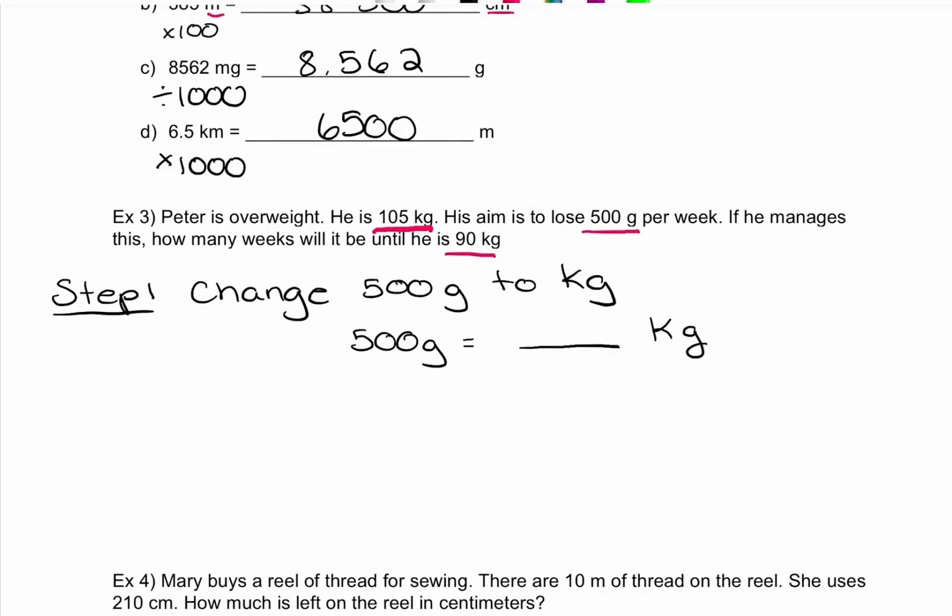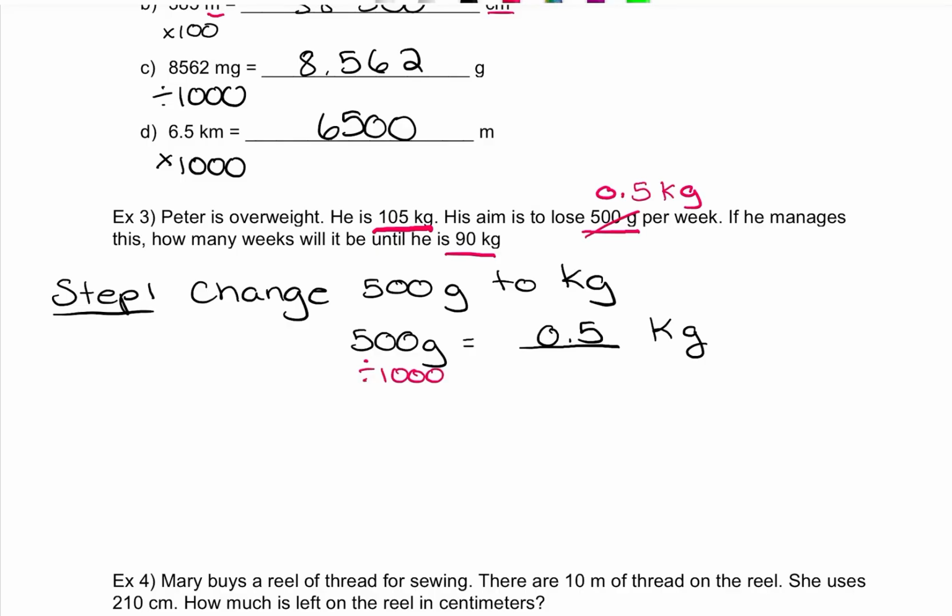We're going to find the flow chart for g to kg. We're going to remember we're starting at g and going to kg, so we should be dividing by 1,000. 500 divided by 1,000 is 0.5 kg. So we can almost rework the question now. We can go right to the question and just change it. He wants to lose 0.5 kilograms per week.